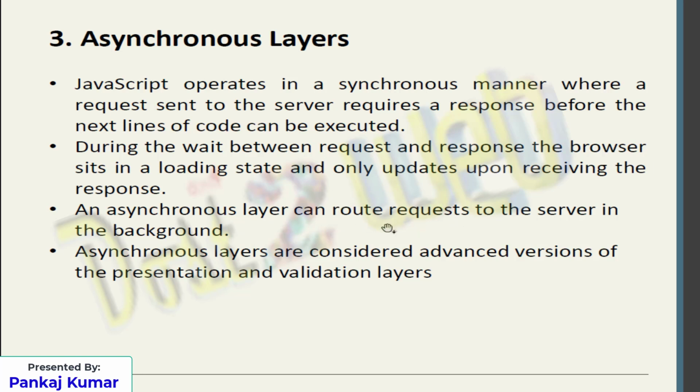You will not be able to see that, right? And the moment it completes, it automatically selects the city. You see the same page, only the link you defined gets highlighted, and you get your data. So validation will happen immediately. This asynchronous layer is considered an advanced version of both the presentation and validation layers.